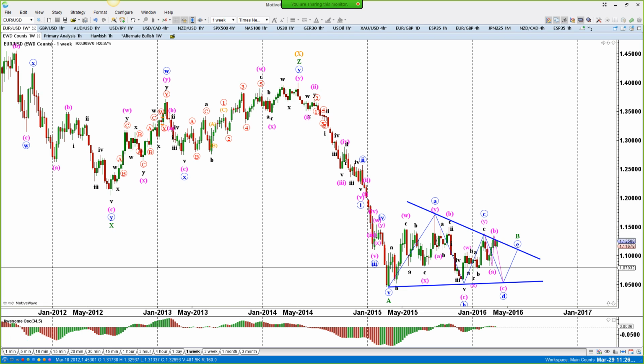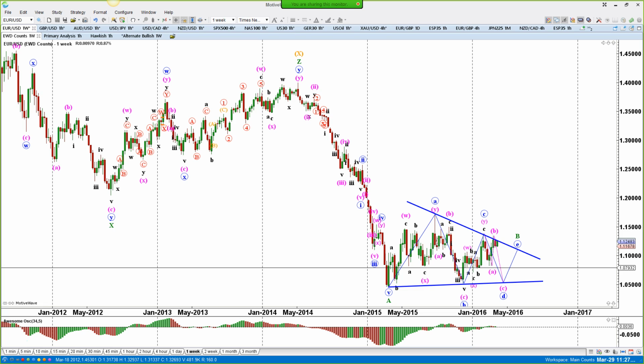We can have different scenarios or alternate wave counts, but at the end, the validation of the end of a specific wave is going to be the reason why we trigger a trade. Not just the wave count, but of course, the wave count, as you are going to see, is going to help us to understand the context of the market, to understand where we are, and the possible future scenarios.